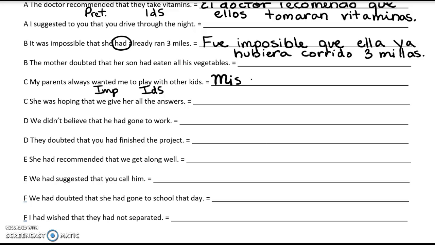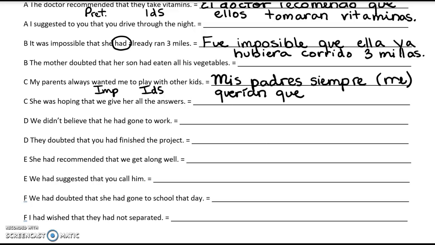So this is how this one ends up turning out. We've got mis padres, siempre. You might see a me come next for the wanted me. If it's not there, it's not a big deal because you're going to get it here after the K with the yo form of jugar.